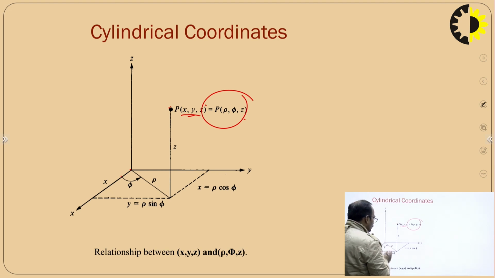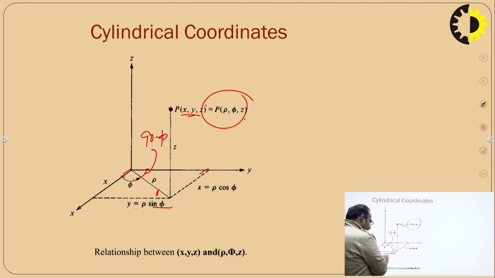So I have to find the relation, because the x and y axes are perpendicular to each other and we are making this angle phi. So this angle will be 90 minus phi. What will be the value of this and what will be the value of this? You can consider this angle is 90 degrees actually.